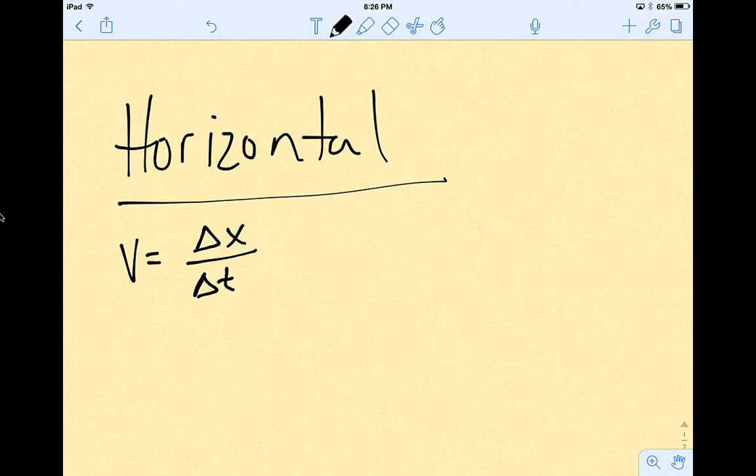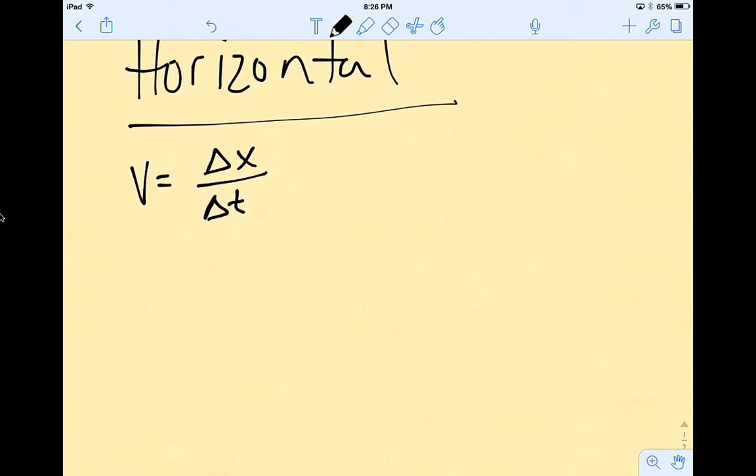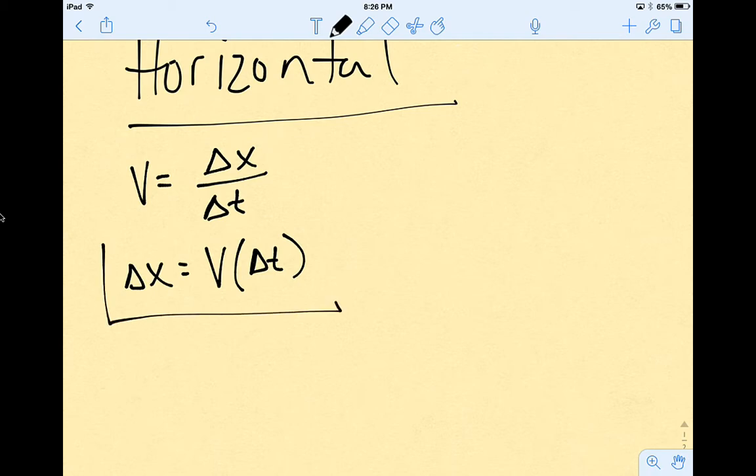Now I'm going to rearrange that just a little bit because in this form sometimes it can be hard to use. I'm going to rearrange it by cross multiplying, and I'm going to change this to delta x equals v times delta t. So that right there, guys, that's the one that I'm going to write on the board.